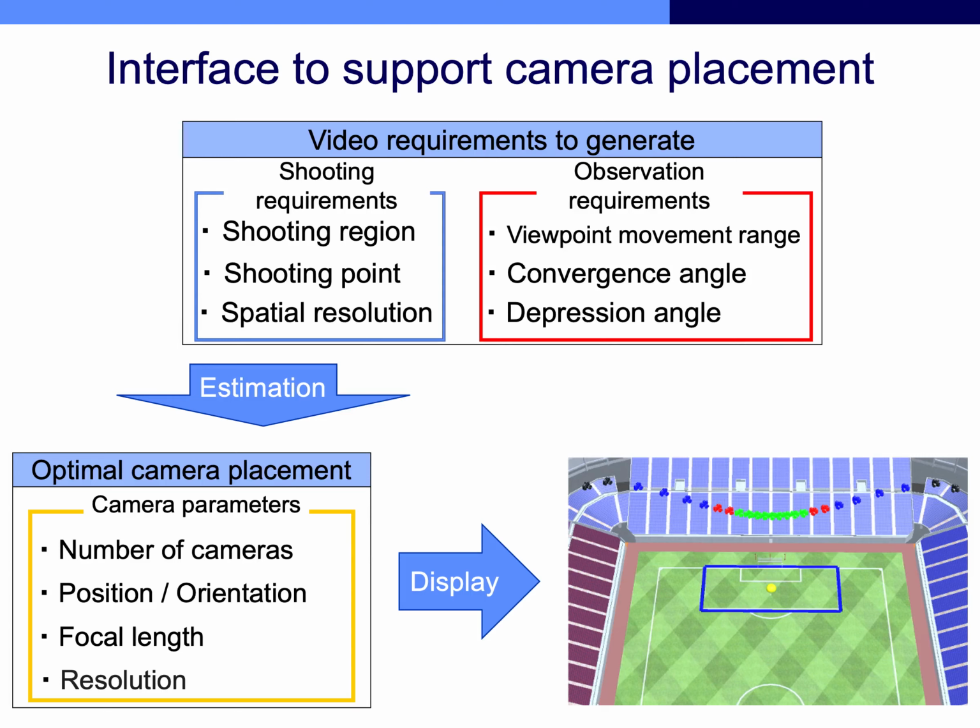After the input is completed, parameters such as the position and orientation of each camera to be placed and the camera angle are estimated. Based on the calculated parameters, the camera icons are placed on the 3D model to display the multi-viewpoint camera placement.